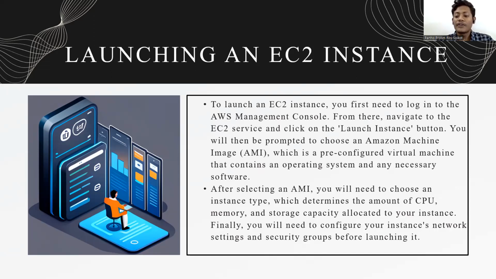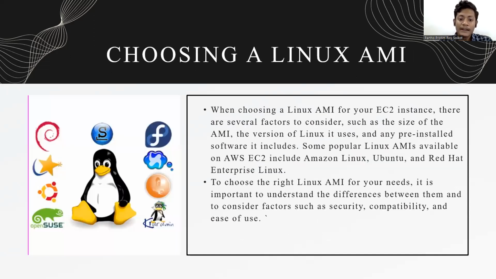Finally, we need to configure the instance network settings and security groups before we launch it. Then after choosing the AMI of the instance, we have to choose the version of Linux.